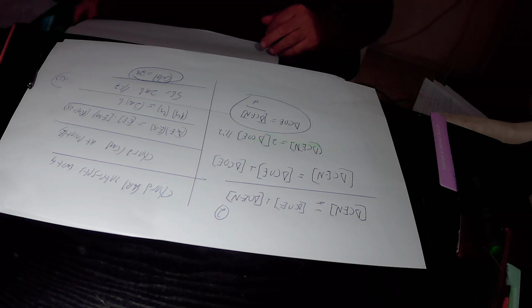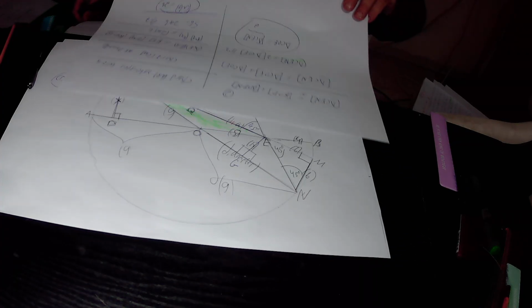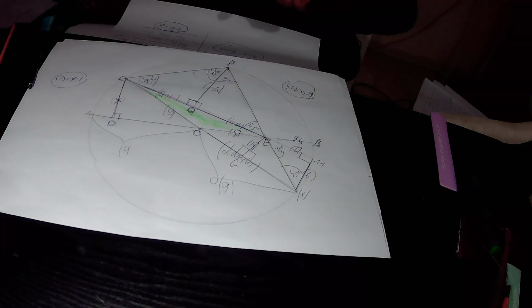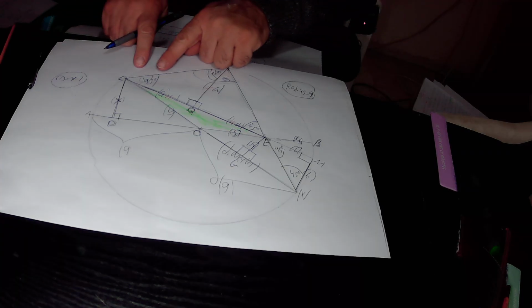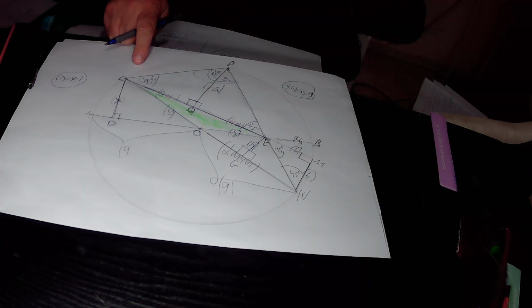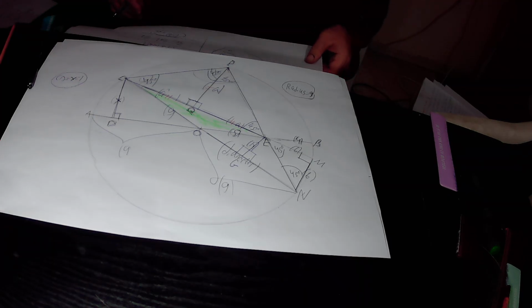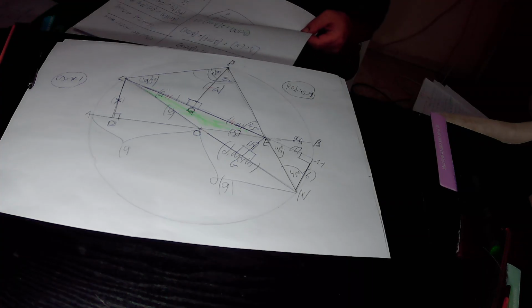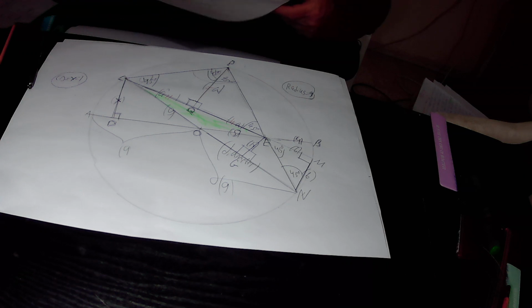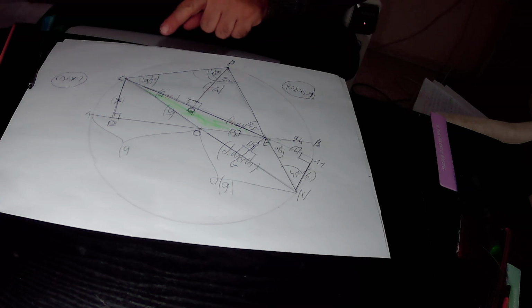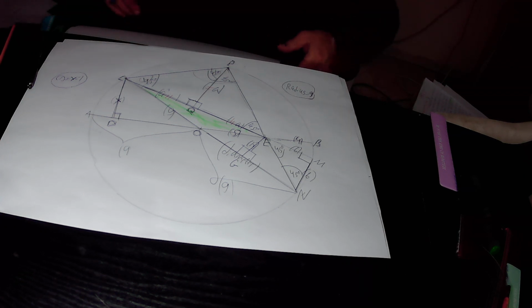So in the next step, we calculate the area of this big triangle CEN according to the rule that the area of any triangle equals the base of the triangle times the height over 2. So what is the area of this big triangle CEN?